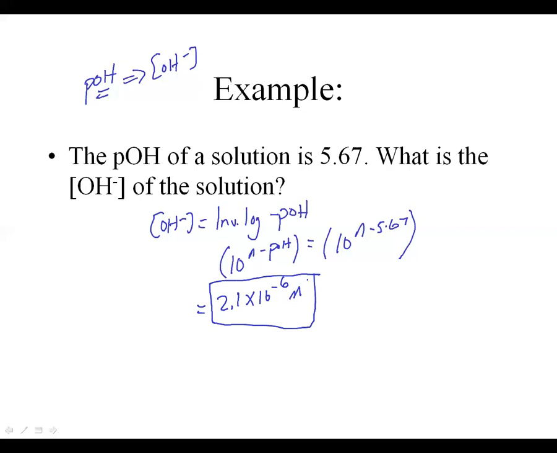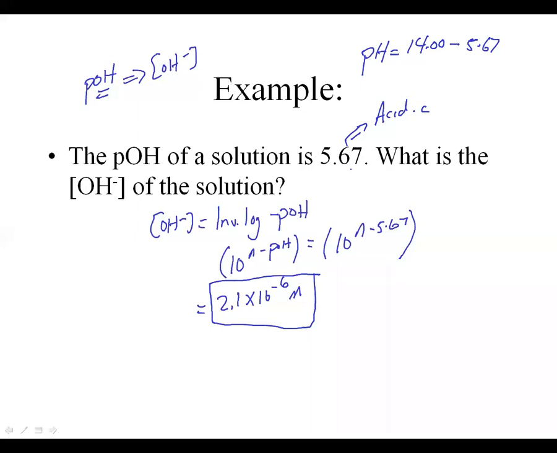By the way, this solution would be actually acidic. And again, that's because if we calculated the pH would equal 14 minus 5.67. Did I say basic? I didn't think I wrote it backwards there. My bad. Basic. Sorry.